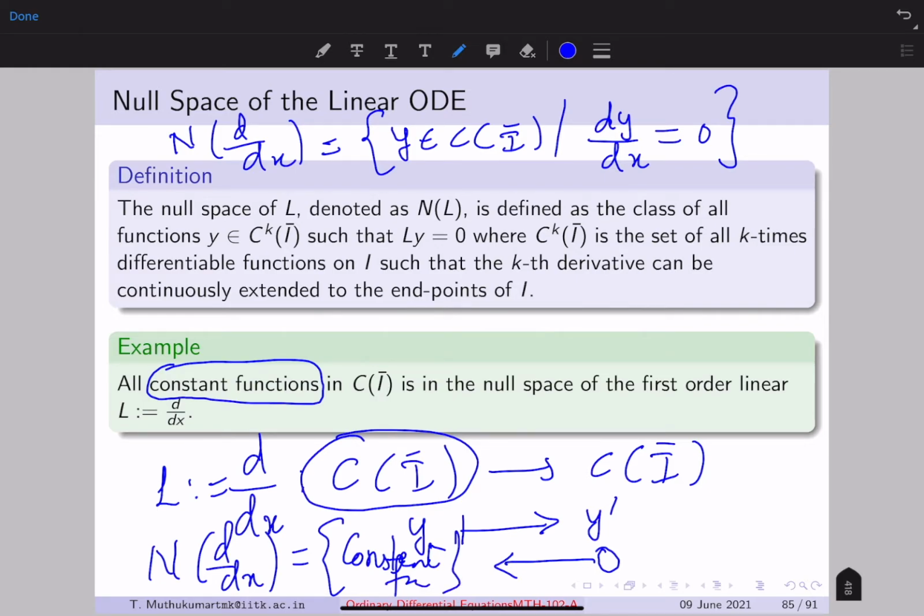So all constant functions are the null space of the first order linear ODE.